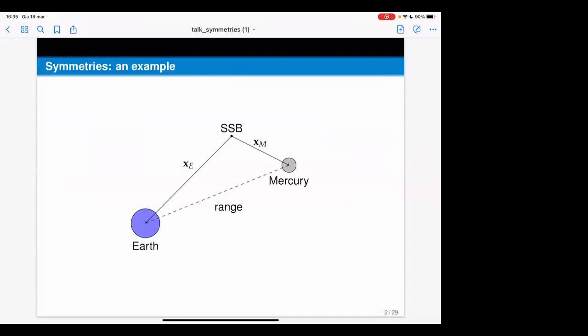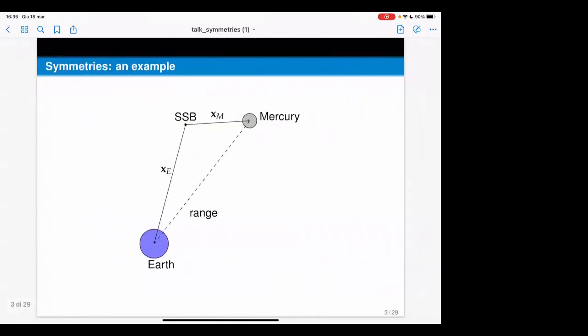So what happens if we rotate both vectors xe and xm around the solar system barycenter by an angle? Well, everything rotates, but the range stays the same. And this is very intuitive, very simple to imagine.